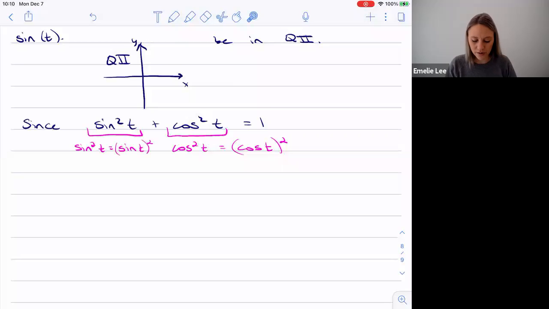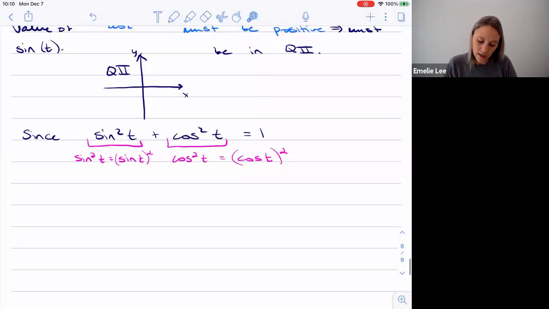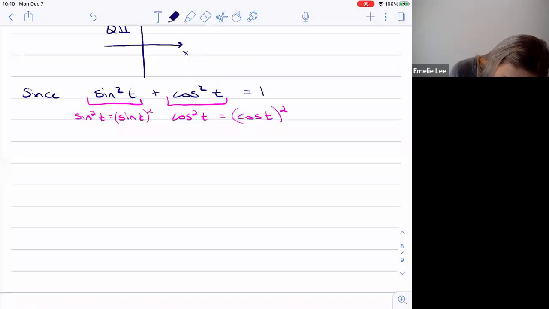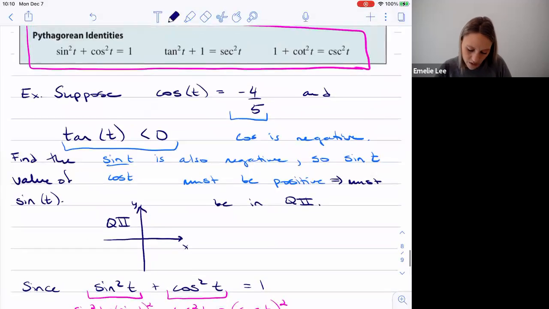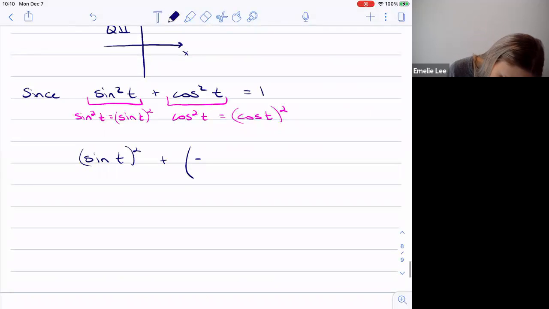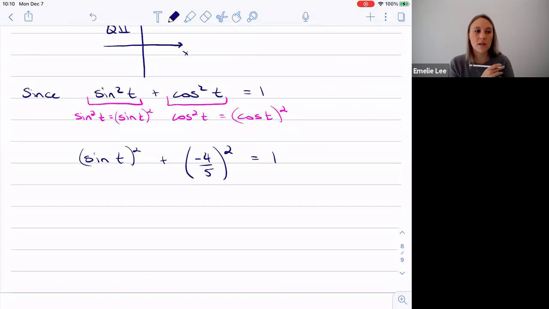It's pretty unusual that we're allowed to just play fast and loose with the squares, right? But in this case, we're allowed to. And so if I have the cosine, I'm going to plug it in, and then I'm going to try to solve for this sine. So I can rewrite this as sine t squared, if it helps, just to visualize, plus the cos t, negative 4 over 5, squared is equal to 1.